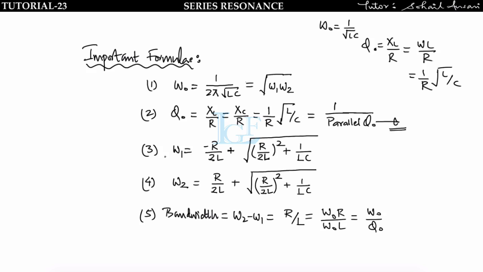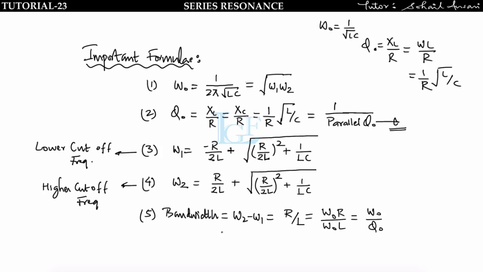Okay, similarly we found omega 1, that is known as the lower cutoff frequency, also known as the lower half power frequency, and omega 2, that is the higher cutoff frequency. These two we have derived.